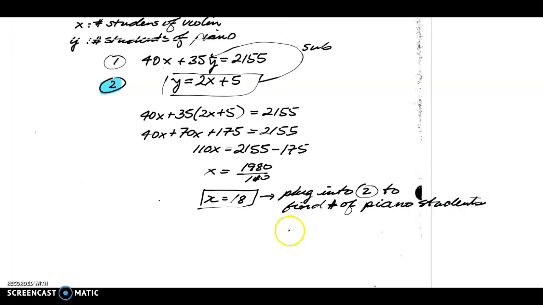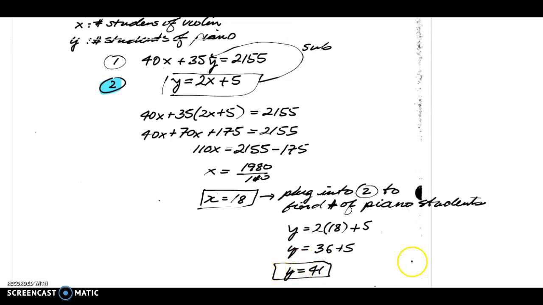So that would then just be y equals 2 times 18 plus 5. This is y then is equal to, I think that's 36 plus 5. Y is equal to 41. So there we go.